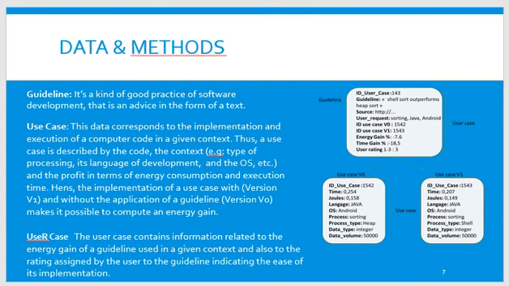On the figure, we can see the three kinds of data sets. The first one, guidelines, contains, for example, some information linked to the ID of the use case, or the ID of use case V0 and V1, the energy gain and time gain also, and the user rating.